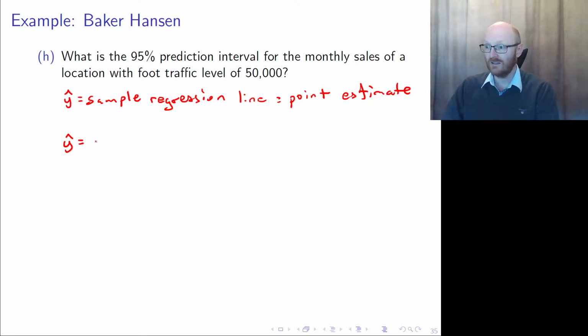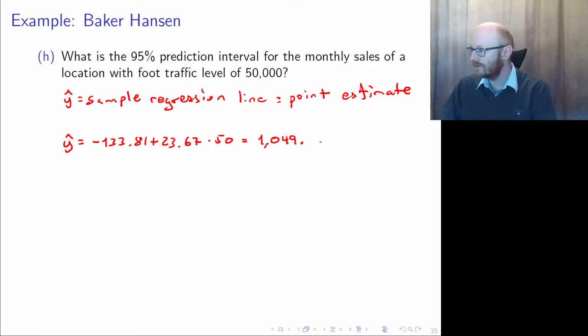We already calculated that as the intercept negative 133,081 plus the slope of 23.67 times 50,000, which equals 1,049.69, if I remember correctly.